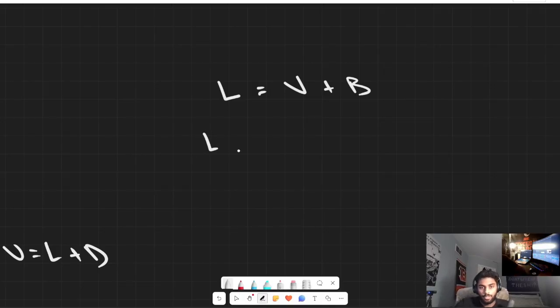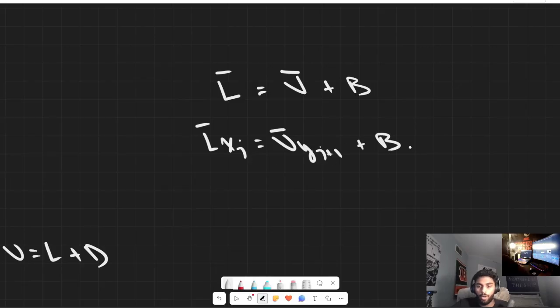We have our liquid times our xj. So that's the stage above the stage that we are looking at. And then we have our vapor. Don't forget your bars. Our vapor times our composition from the stage we are looking at. So this is stage 5, this is stage 4. Plus our bottoms times our liquid composition of the bottoms.